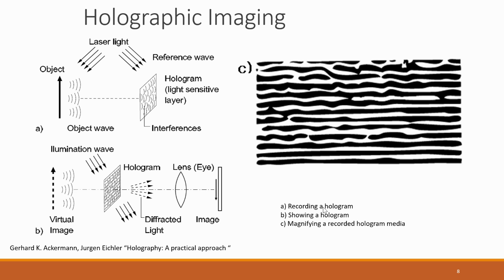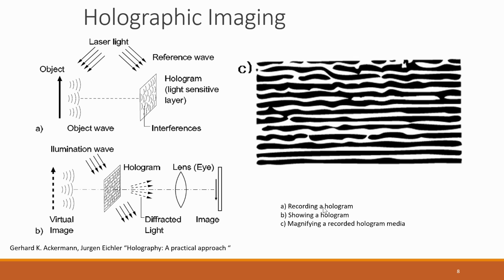The object will be illuminated by part of the laser, and the object wave will propagate, and the reference wave will come at the same time. They meet each other, and then they produce an interference pattern. This interference pattern will be recorded by a photosensitive chemical.